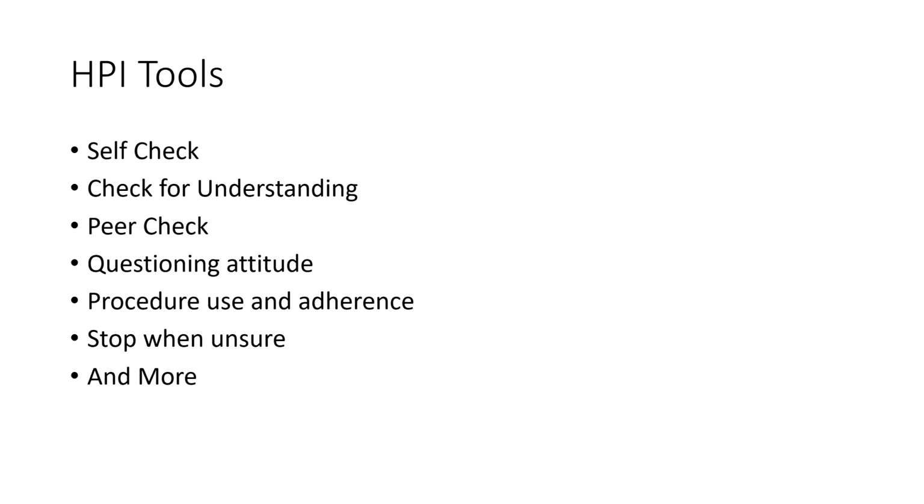Then we have stop when unsure. This is another organizational thing, where you're empowering your employees to stop everything in a task if they've got discomfort with what's going on. And this will sometimes run up against deficiencies or, oh, but we've got to get this done because of deadlines.